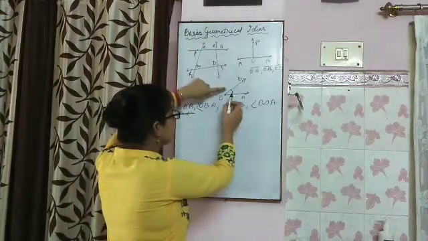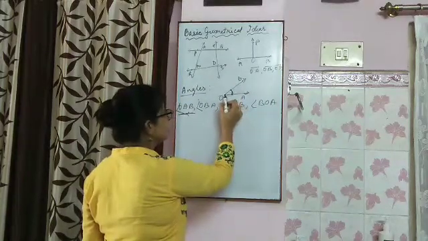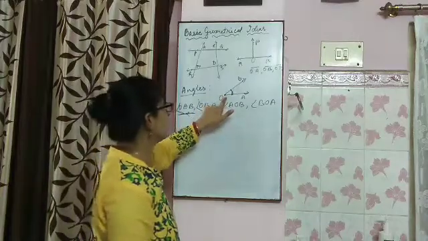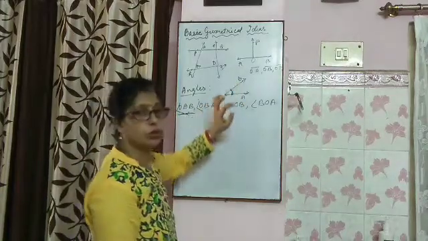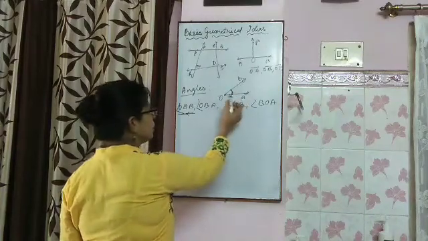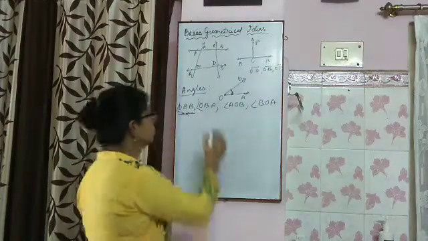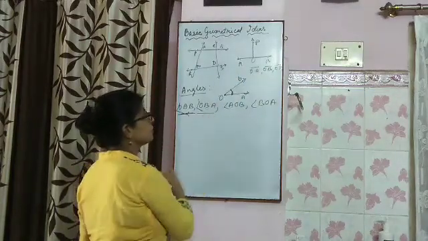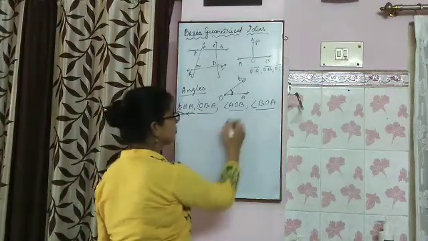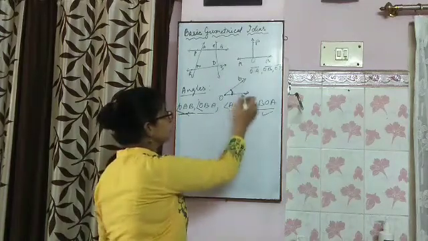So how do we name the angle? The point from where the rays come out must be in between the other 2 points. From this point the rays have come out, therefore this point must be in between the other 2. In both the cases, O comes in between the other 2 points.